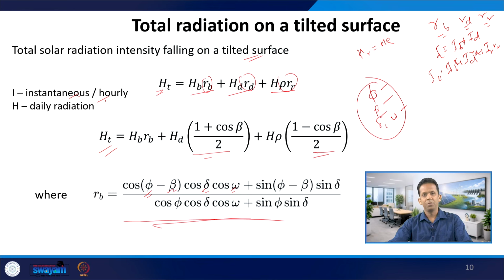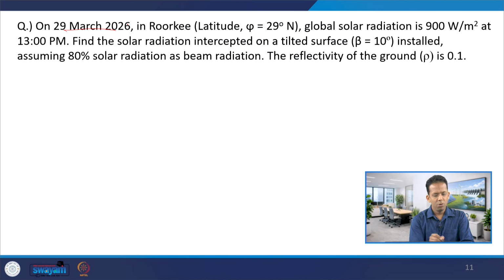So, let us try to do one simple numerical where you make use of the same formula, so that it is more clear. On 29th March 2026, a date given to us, in Roorkee, the latitude is given. Global solar radiation, global meaning total radiation, is 900 at 13 hours. Since time is given, we can calculate omega.